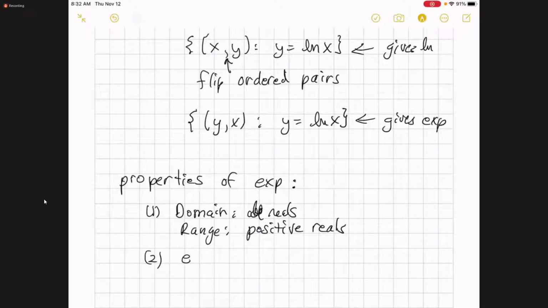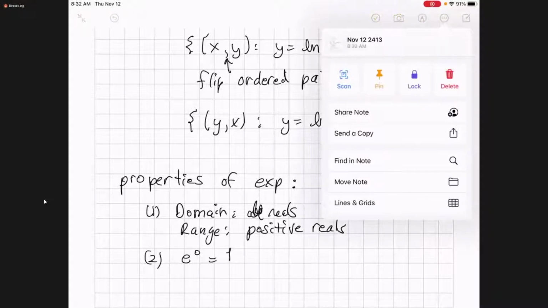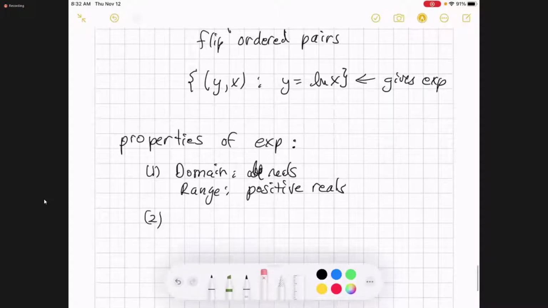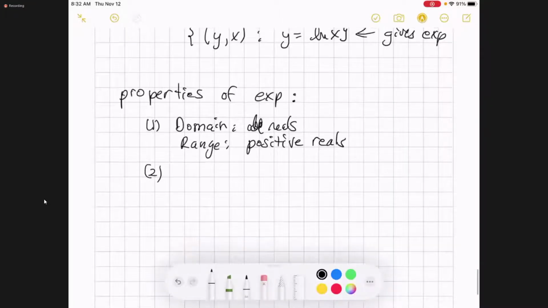E to the 0 is, oops, I haven't said anything about E yet. I will in a minute. Okay. So EXP of 0 is 1.